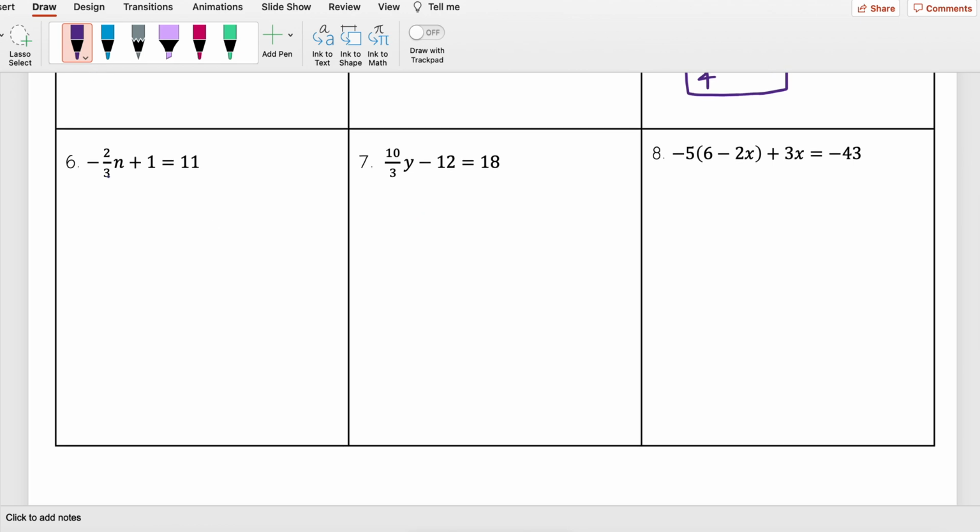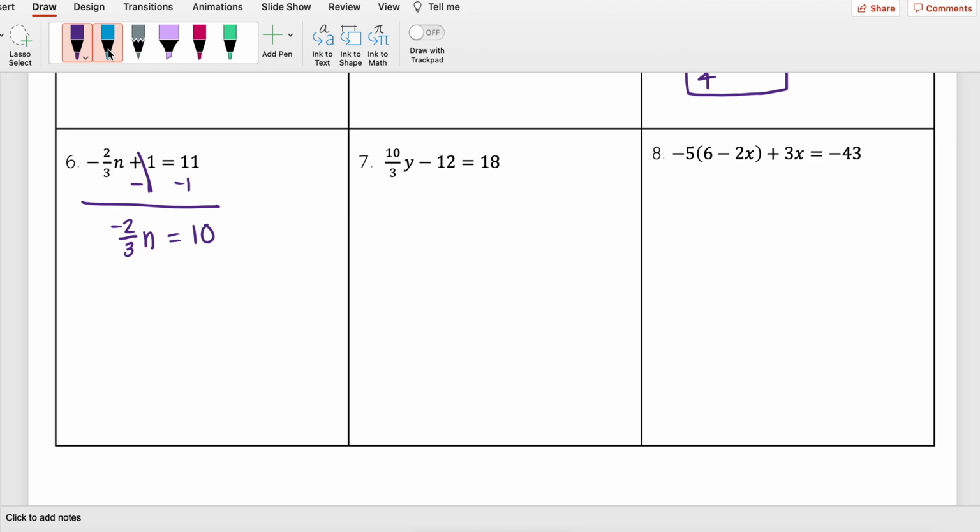Okay, looking at this next one, I have negative 2/3 n plus 1 is equal to 11. My first step is I want to go ahead and subtract 1 from both sides. And so I get negative 2/3 n is equal to 10. And now to get rid of this negative 2/3, there's a few different things you can do.